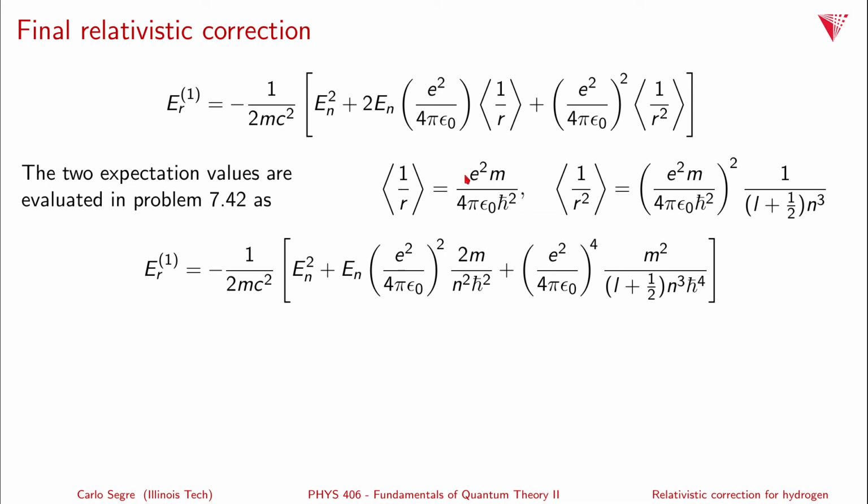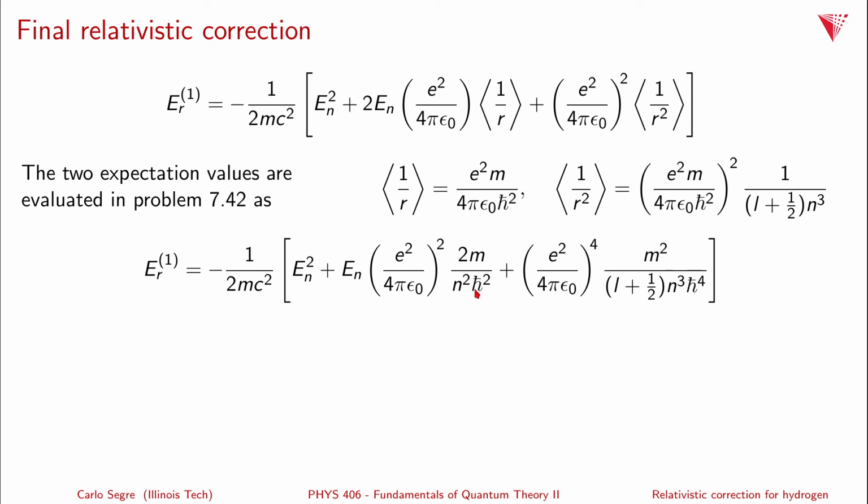If I now put those two values into my expression for the relativistic energy correction, I get E sub r, first order correction, is equal to minus 1 over 2mc squared times the quantity E sub n squared plus E sub n times e squared over 4 pi epsilon naught, quantity squared, times 2m over n squared h bar squared.